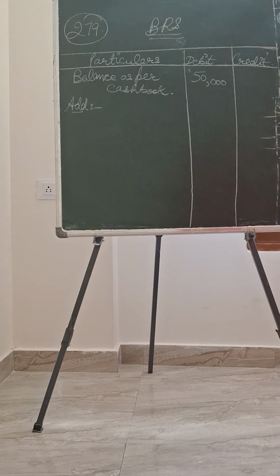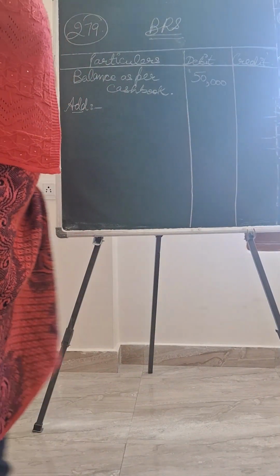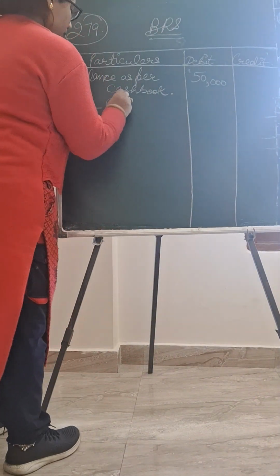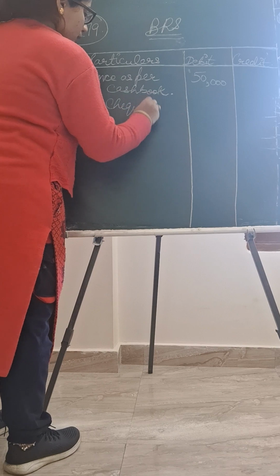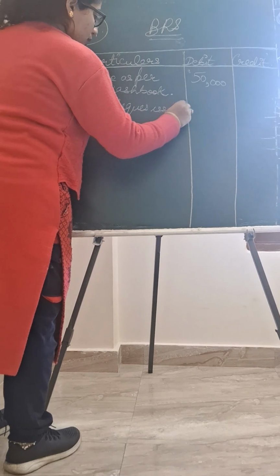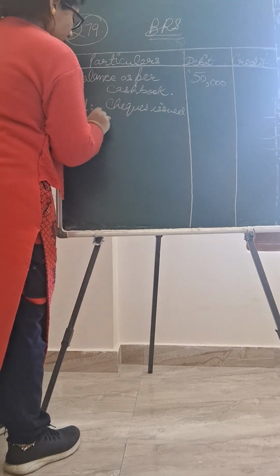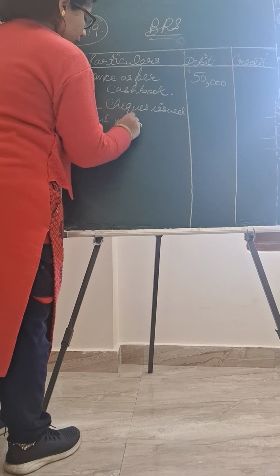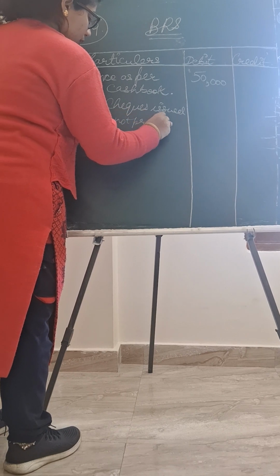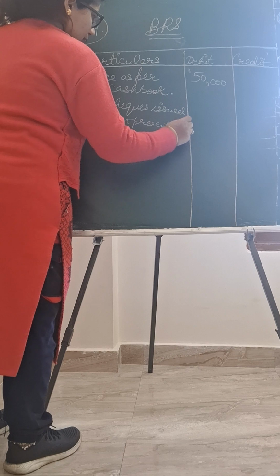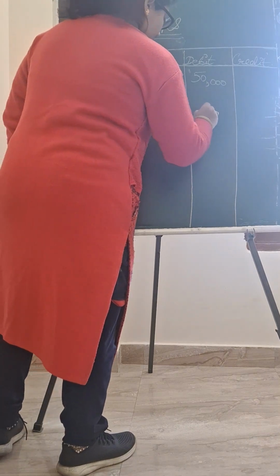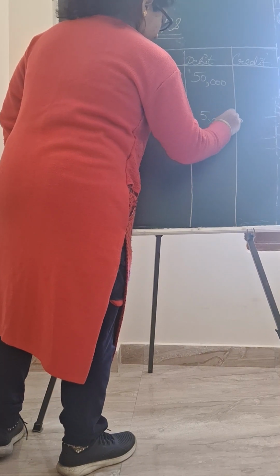Then we will write down checks issued but not presented. It will again have a debit balance, that is 5,000.